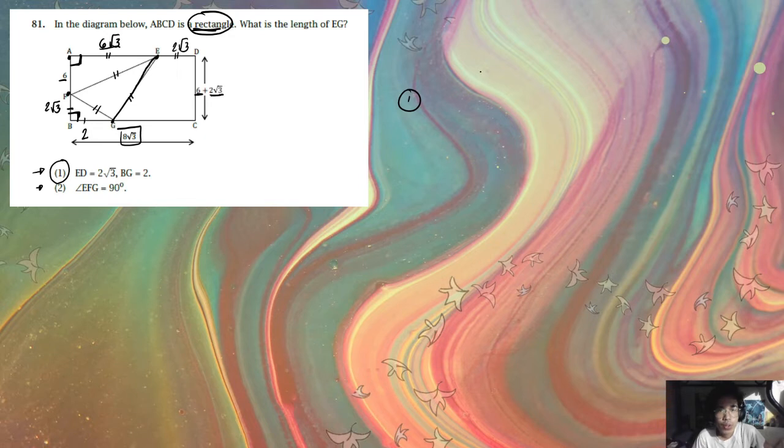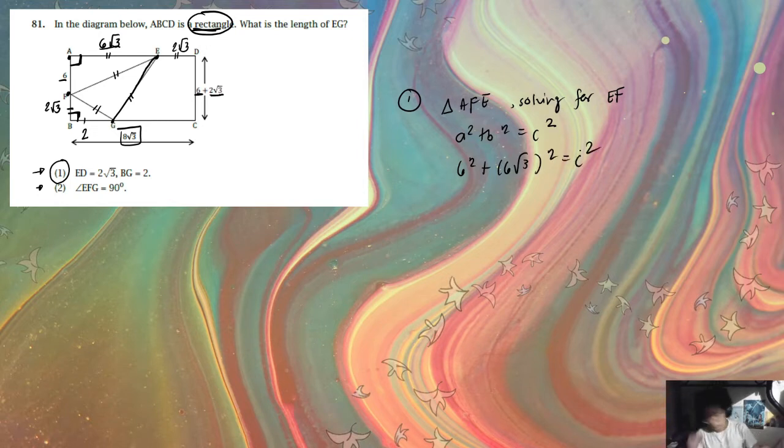For the first one, we have triangle AFE, solving for EF or FE. That's going to give us A squared plus B squared is equal to C squared, the Pythagorean theorem. So 6 squared plus 6 square root of 3 squared is equal to C squared.